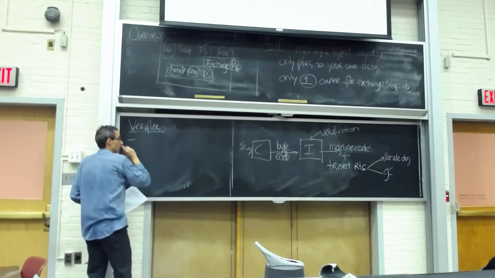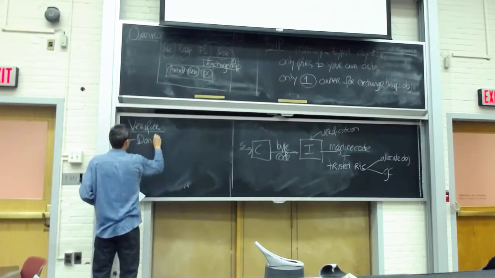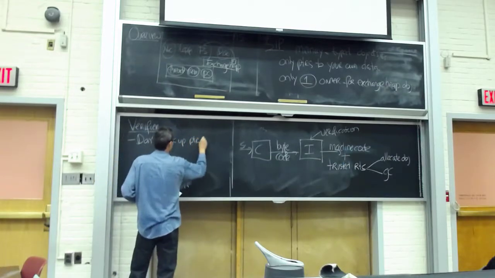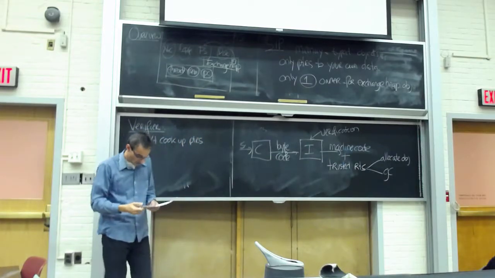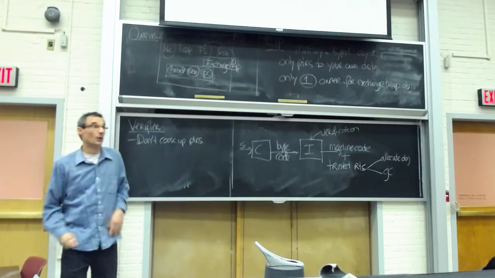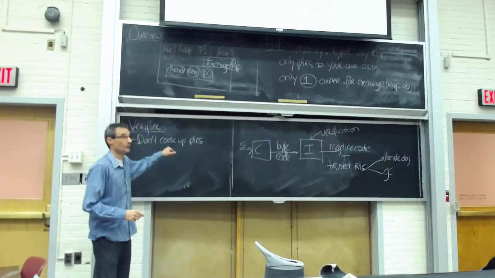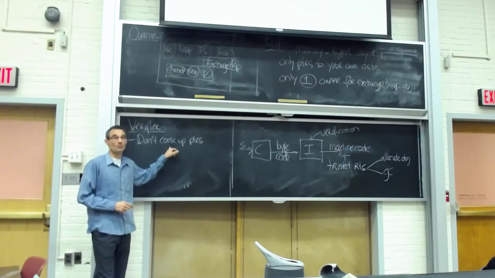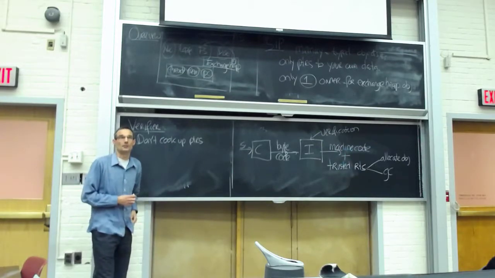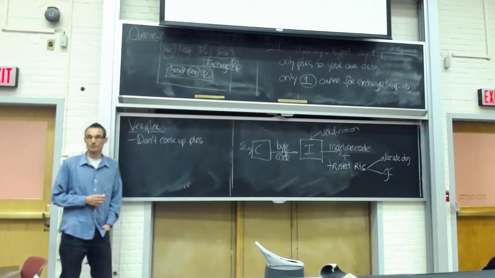So it needs to check that the code doesn't forge any pointers. That would be dangerous, correct? If an application could forge its own pointer, it could make it point to something that was not the intended thing, and then you would be able to escape the type safety system.